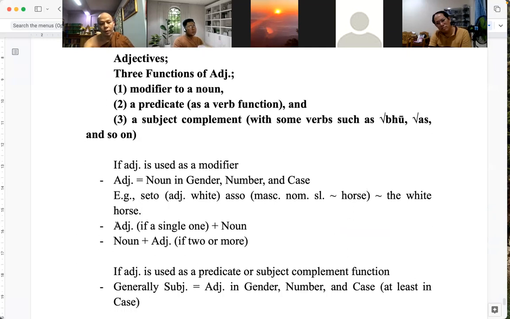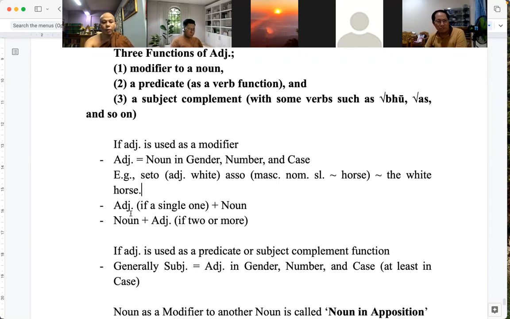And also, in every language we can use many adjectives, many modifiers, to modify a single noun, right? The same way in Pali also. To a single noun there can be many modifiers, two or three or more. So if a single adjective is used to modify, what order is it, adjective first, noun later?